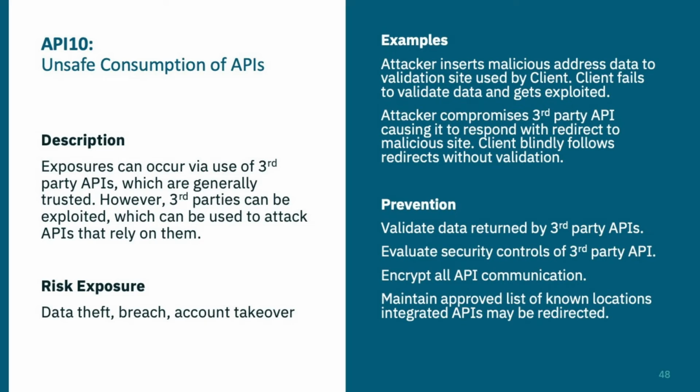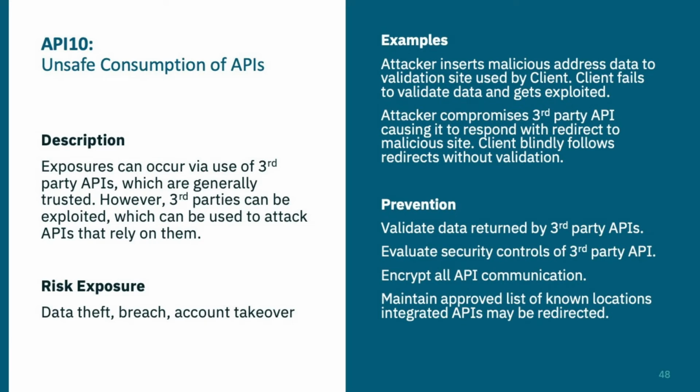But let's walk through an example of what this can look like. So let's say your application does user address verification. So they want to make sure that the address that they've inputted gets normalized and corrected and inserted into your database in a nice clean way. And for that you use a third-party data cleansing API.